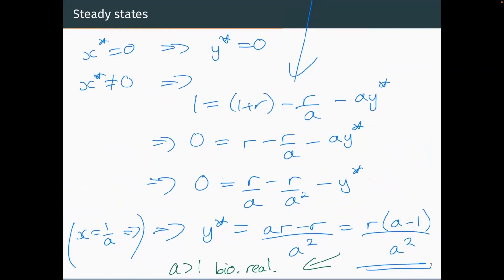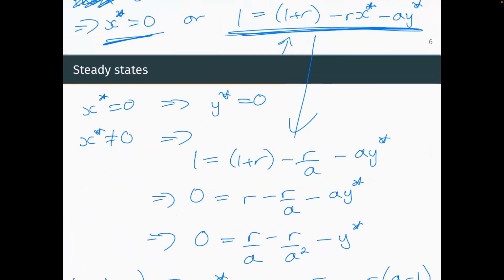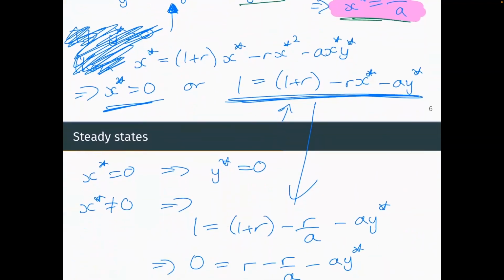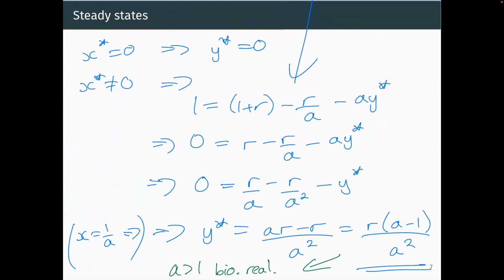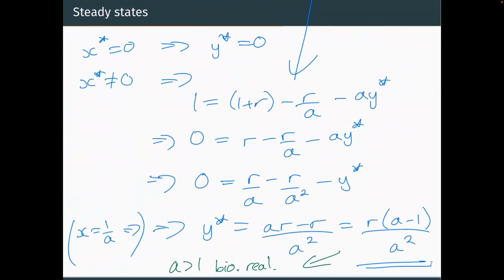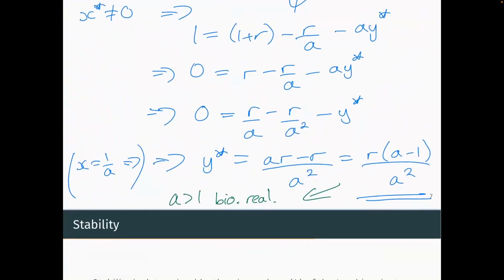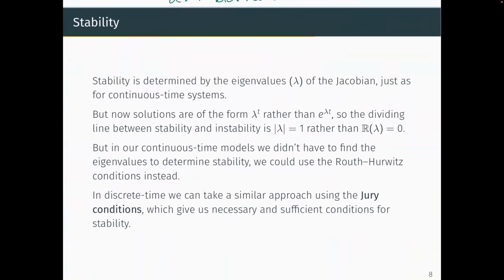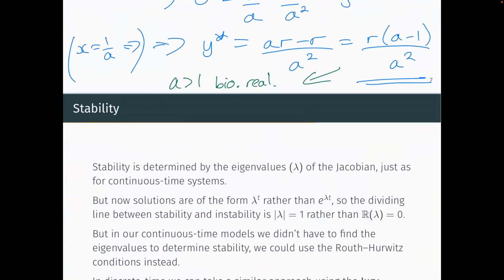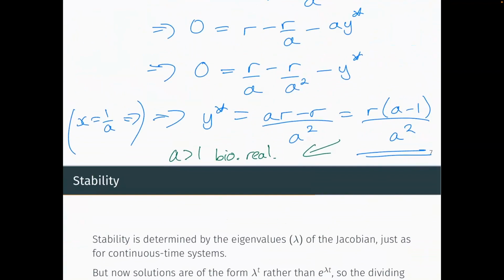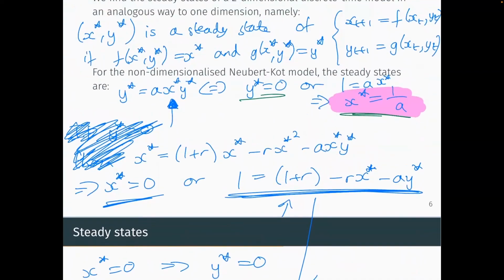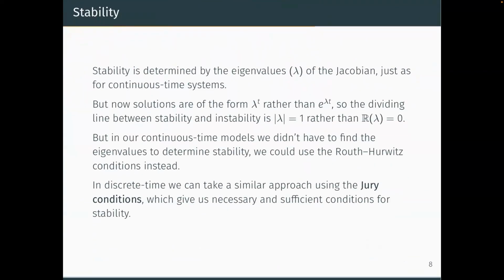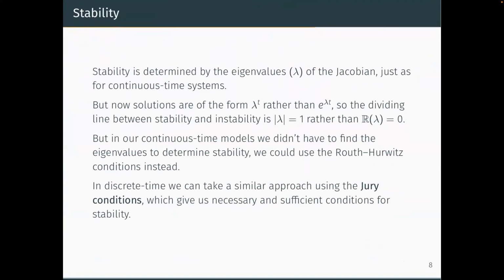I'm pretty sure the end result is right here. I'll go back over my working afterwards and check the notes to make sure there isn't a mistake in there. If there is, I'll just post an update online, okay? I know that this non-trivial equilibrium at the end is definitely right. I don't think I missed a non-trivial steady state, but if I have, I'll go back and update the notes.